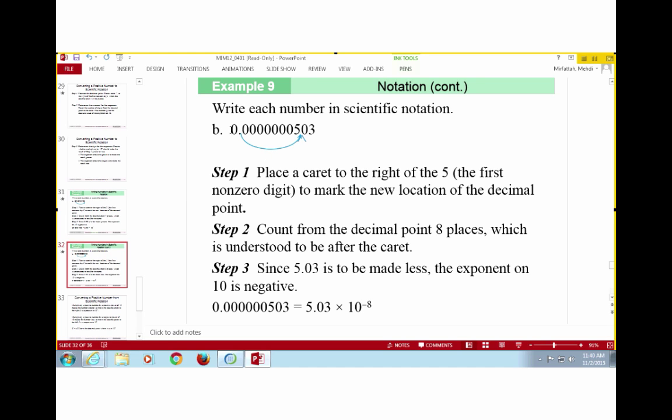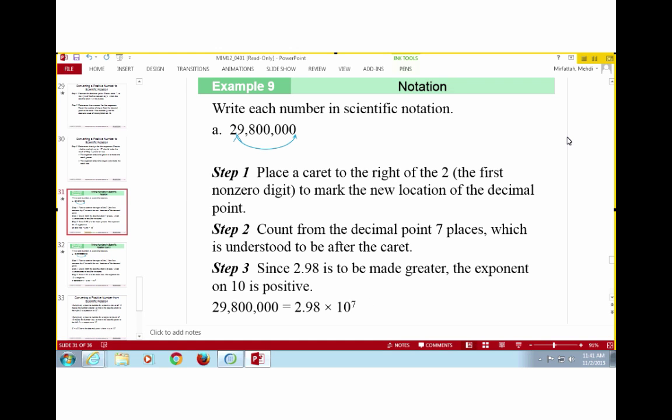It would be minus 8, because just by looking at this number, originally it is less than 1. Then the number is a very, very small number, so this has to be minus 8, not plus 8. So that's how you can look and see whether it's plus or minus. So compare these two again.